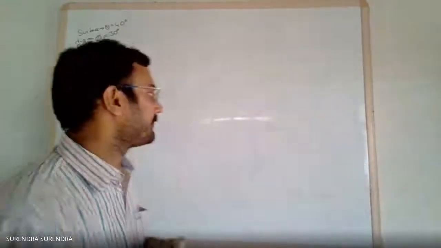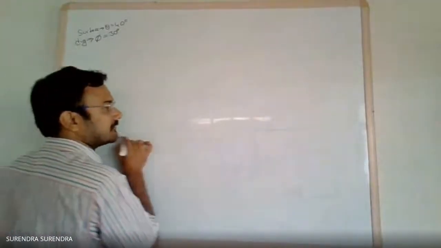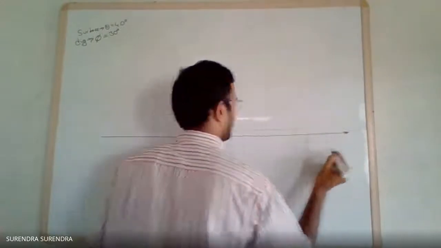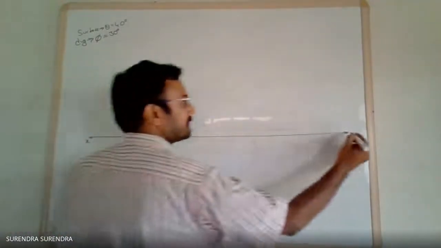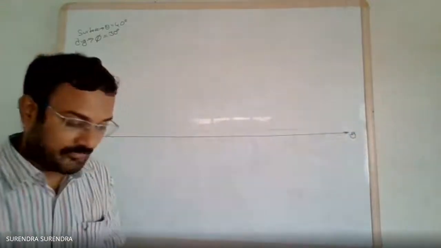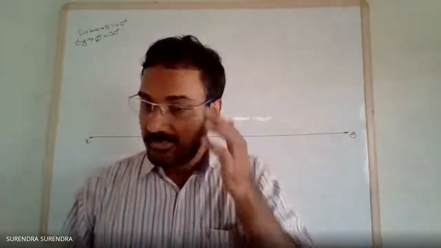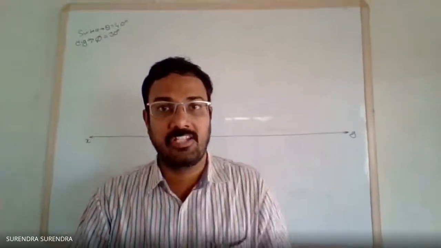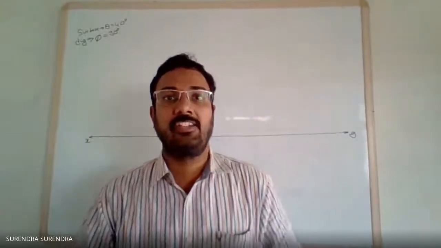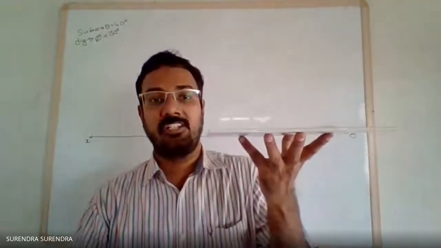So first step, draw the XY line. And identify in which view you have to start the problem. The surface inclination is given with the horizontal plane. So first make the surface parallel to the horizontal plane.